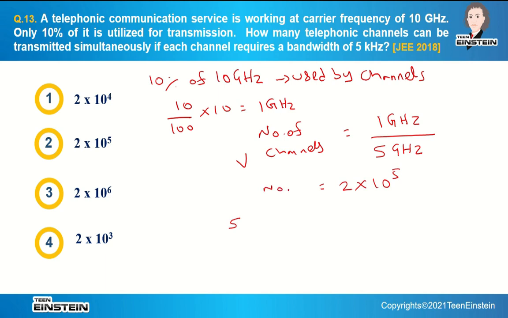So the number of channels is 2 into 10 power 5. It's a very simple problem. You just have to understand the question. They have given us 10% of 10 gigahertz is being used by the channels, and they have also told how much a channel requires, only 5 kilohertz. By substituting it, you will get the final answer. Note this is kilohertz, not gigahertz.